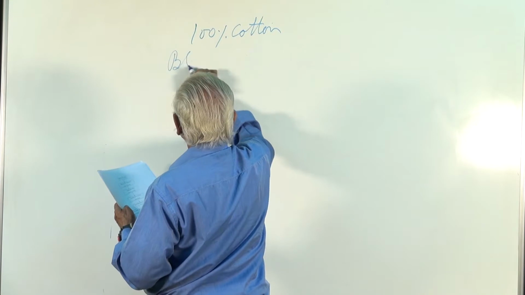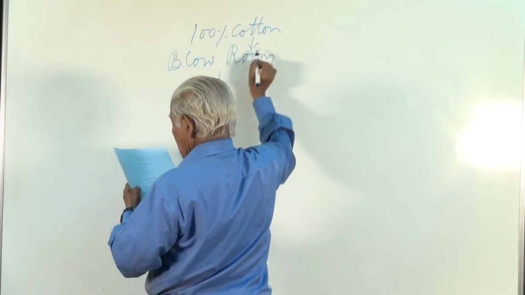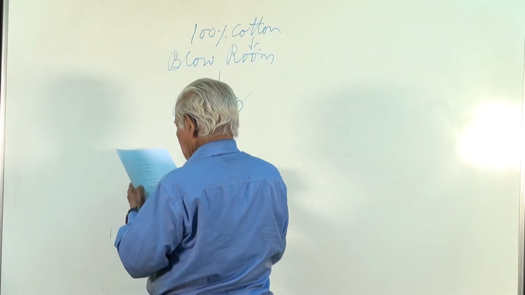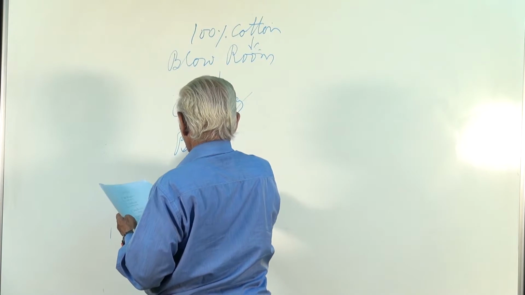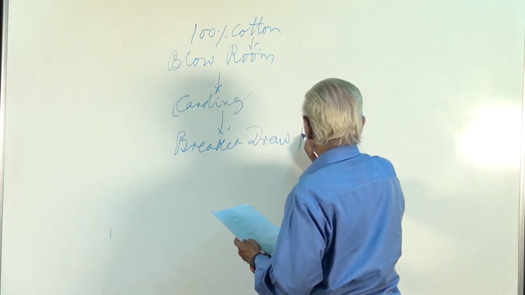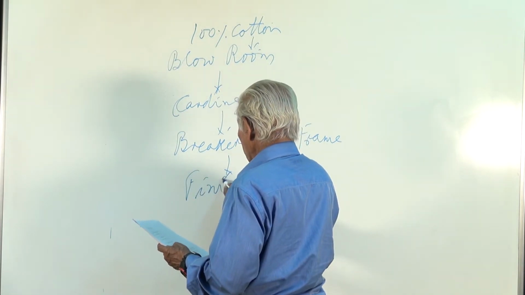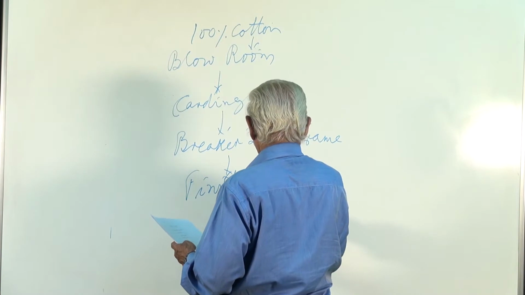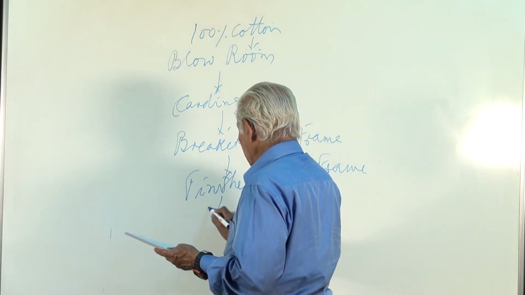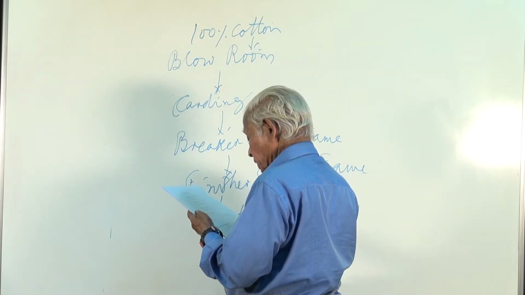Blow room, then carding, then two passages of drawframe, breaker and finisher drawframe, and speed frame, then ring spinning.